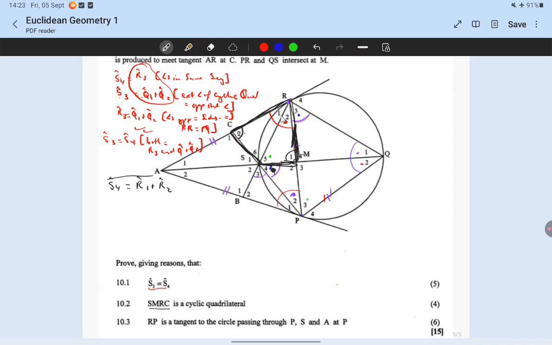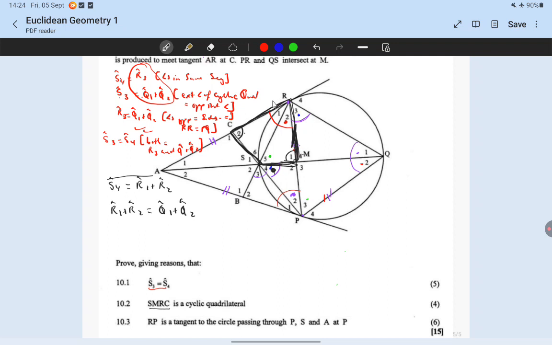But you can see that there's a relationship between this and this because they're both equal to one angle. Right? So let's see. Don't forget that we're told that this is a tangent. Which makes our R1 plus R2 equivalent to Q1 plus Q2.